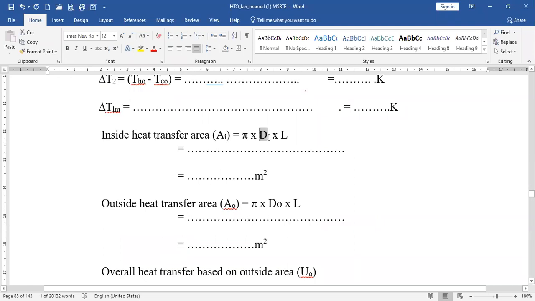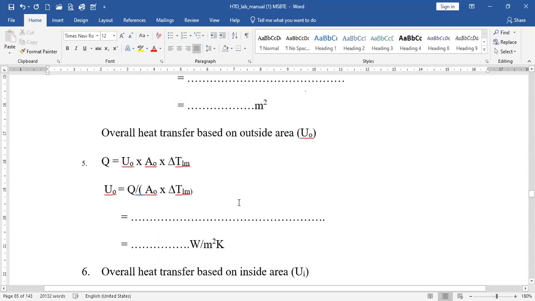So this D is nothing but the inside diameter for the inside heat transfer area. If it is the outside heat transfer area, then it is DO. With the help of this pi dl formula, we can calculate the inside and outside area of heat transfer in terms of meter square.